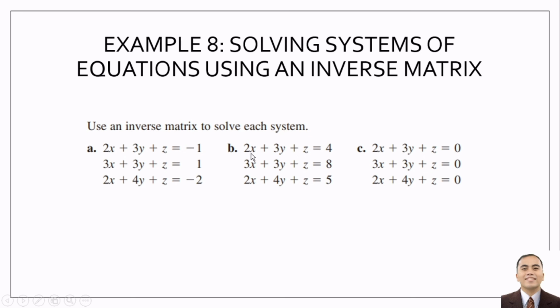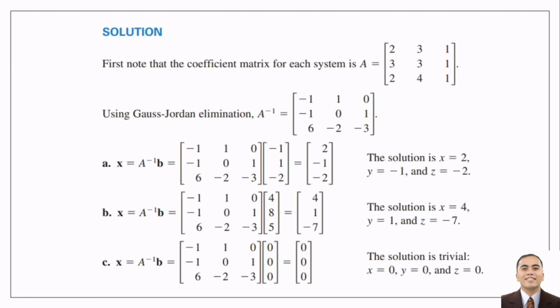Letter B, 2x plus 3y plus z is equal to 4, 3x plus 3y plus z is equal to 8, 2x plus 4y plus z is equal to 5. And letter C, 2x plus 3y plus z is equal to 0, 3x plus 3y plus z is equal to 0, 2x plus 4y plus z is equal to 0.